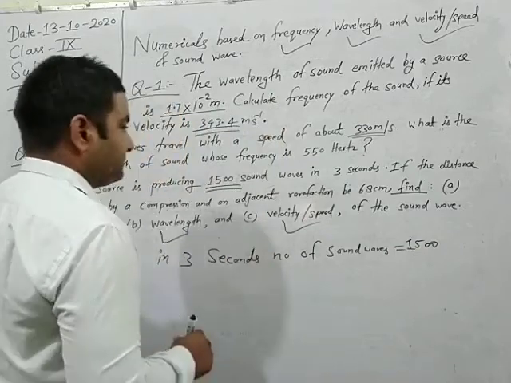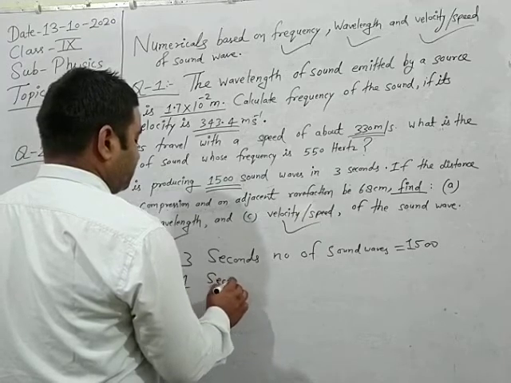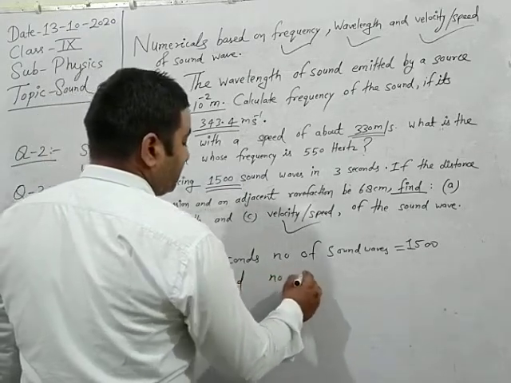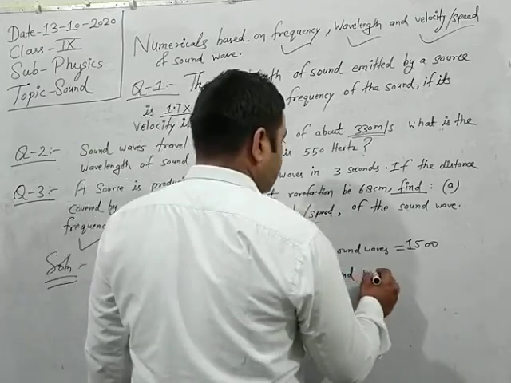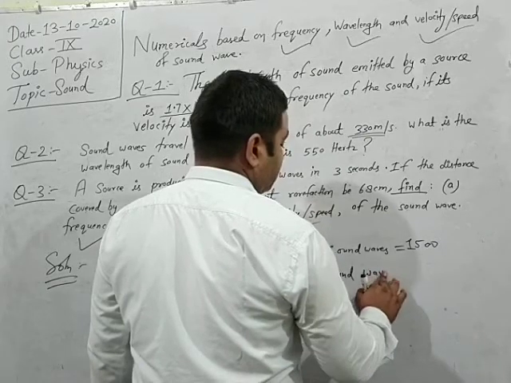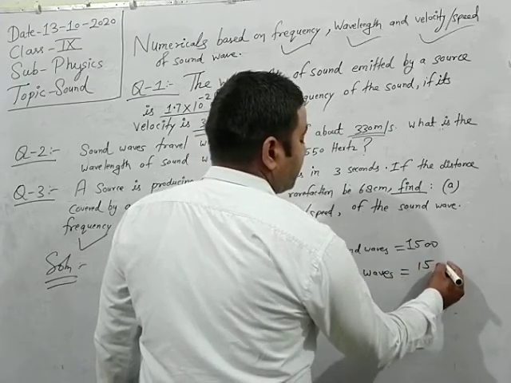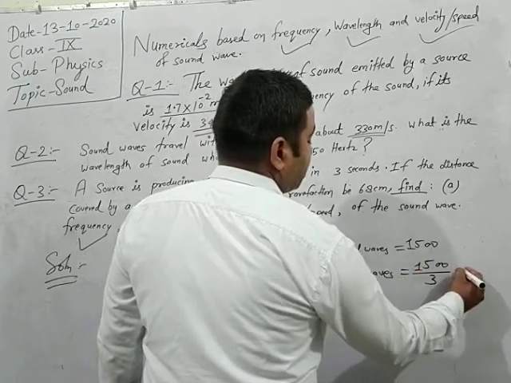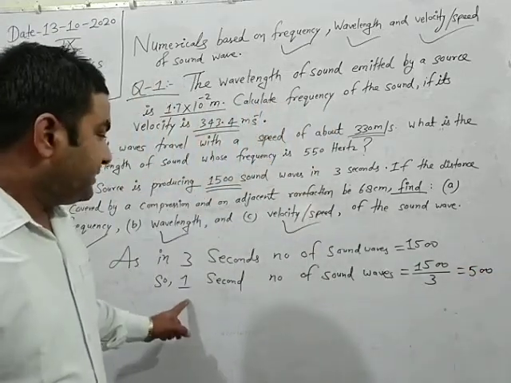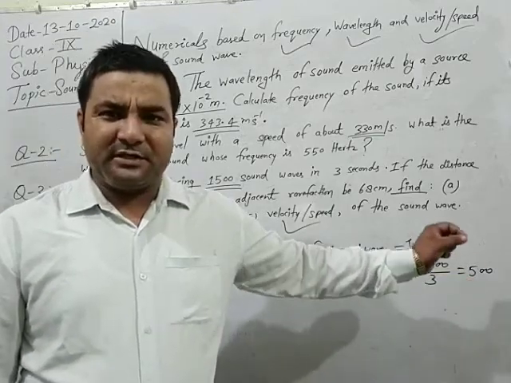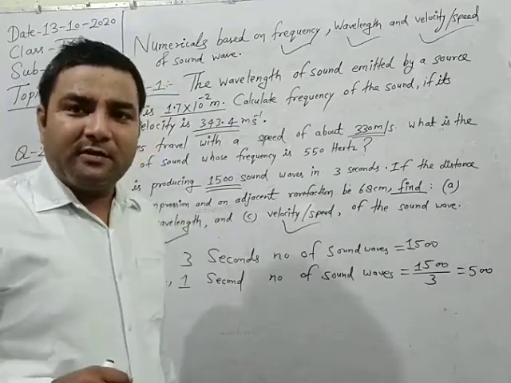So in 1 second, the number of sound waves is equal to 1500 upon 3. It is equal to 500. Clear? So in 1 second, the number of sound waves is 500. This is the concept of frequency: the number of oscillations or sound waves in 1 second is frequency.